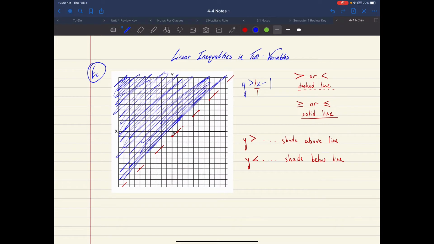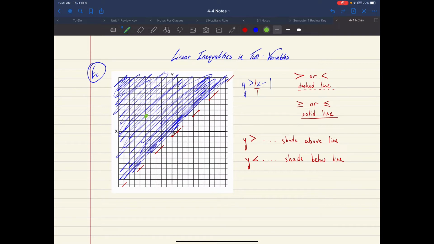So we could choose any point in this shaded blue area and plug it into our inequality, and it would keep the inequality true. I'll choose a point, it doesn't really matter which one: negative 5, positive 3.